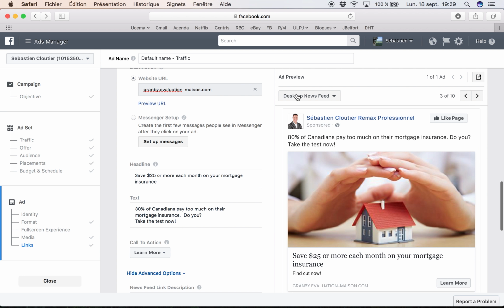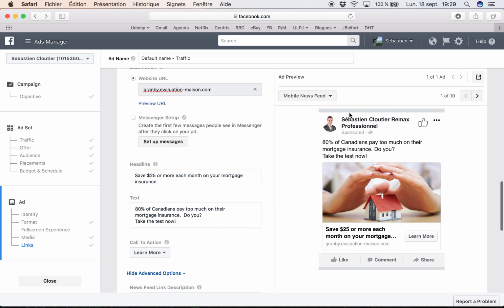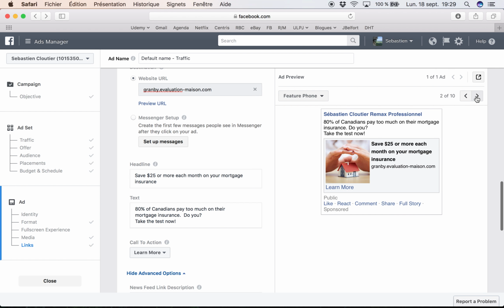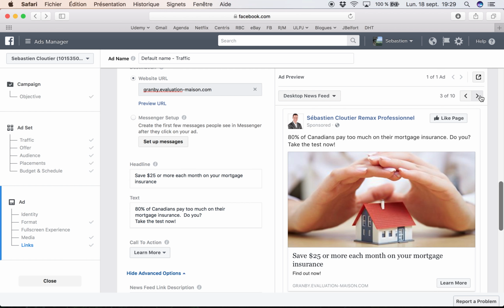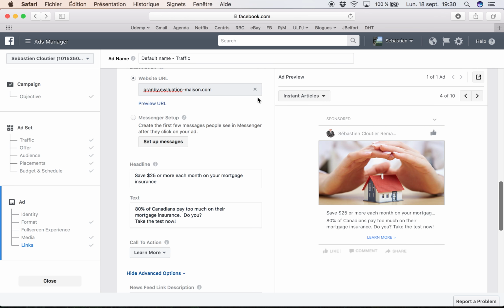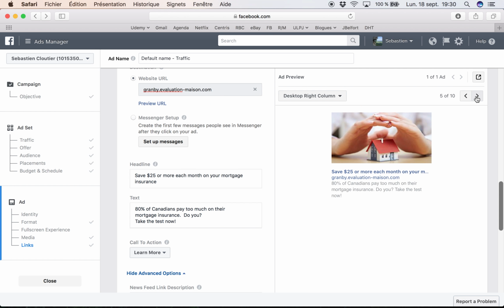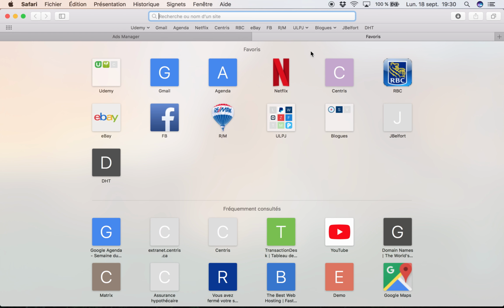Facebook is going to deliver your ad in many different ways. And you get them right there: mobile news feed, feature phone. What's a feature phone? I don't know. Desktop news feed, that's right in the middle of your screen when you go on Facebook. Instant articles, I don't know what that is. Desktop right column.